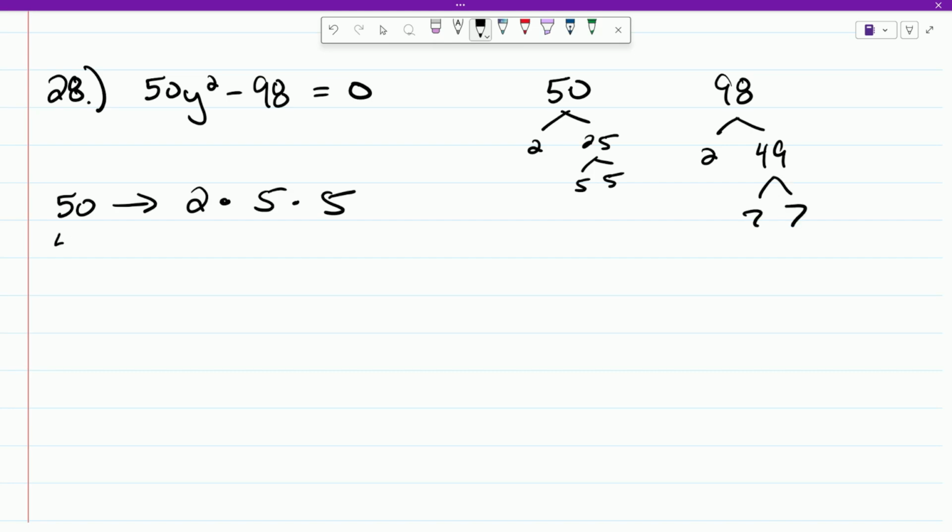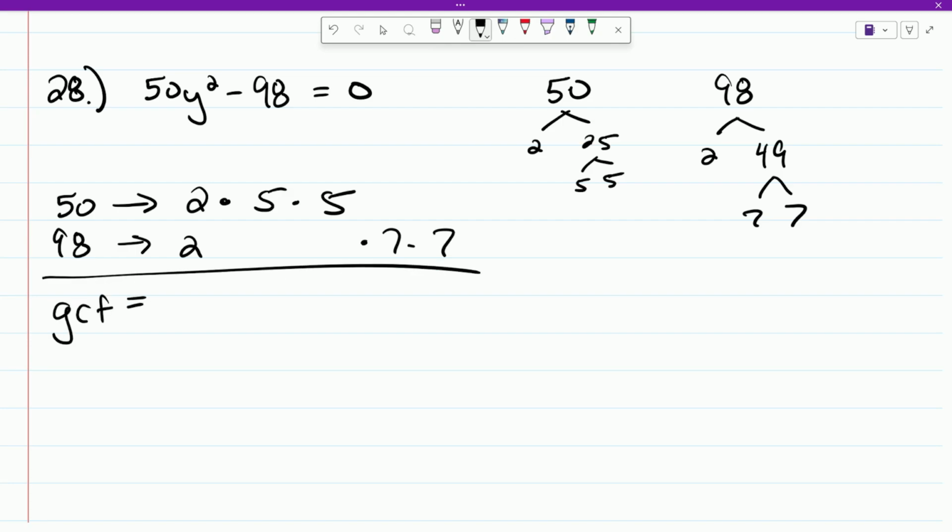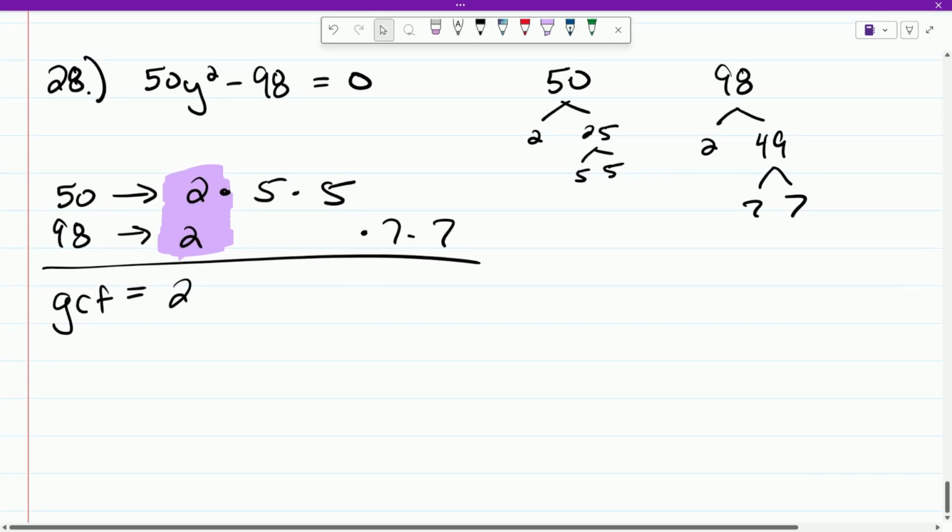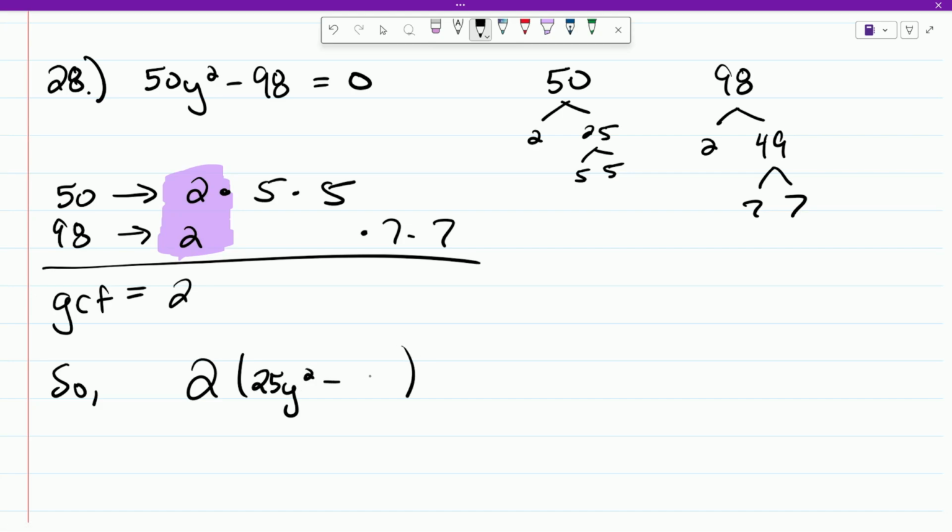So 98 is going to be 2 times 7 times 7. Therefore, our GCF is going to equal the only factor that is common for both numbers. In this case, the only number is 2. So our GCF is going to be a 2. So let's go ahead and factor that out. That gives me 25y to the second minus 49 equals 0.